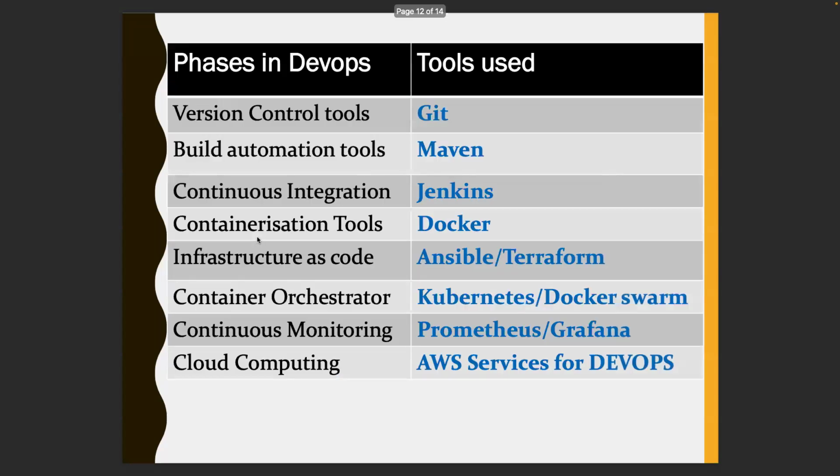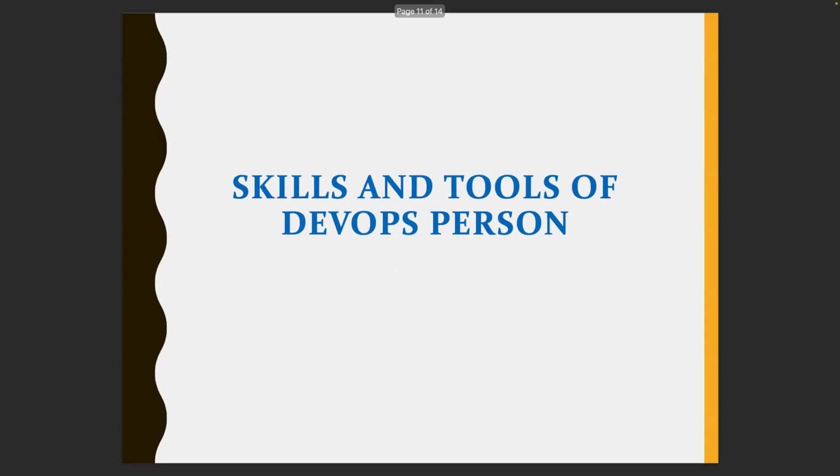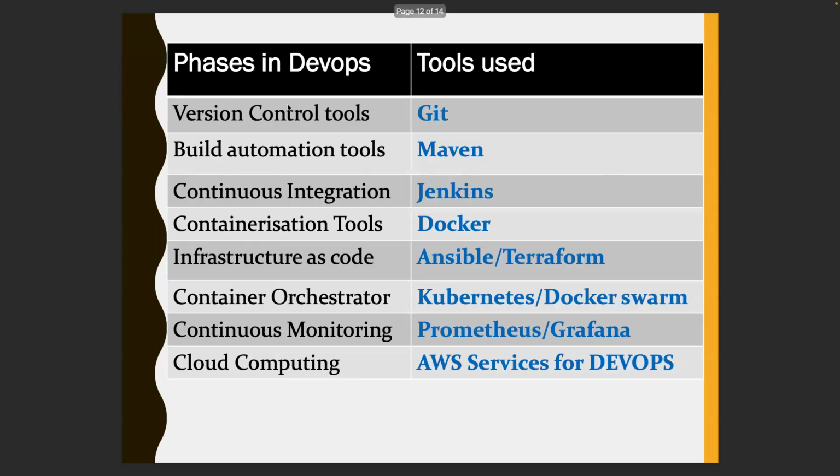Skills and tools of a DevOps person. Before we proceed, we will be talking about specific roles and responsibilities as we get into the course. And these are the tools we'll be covering.